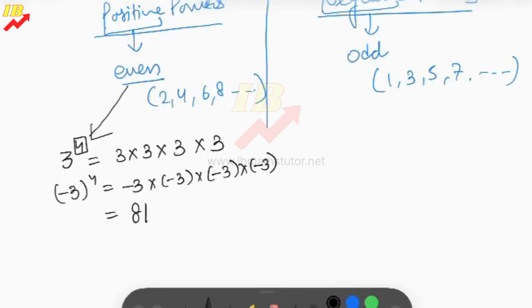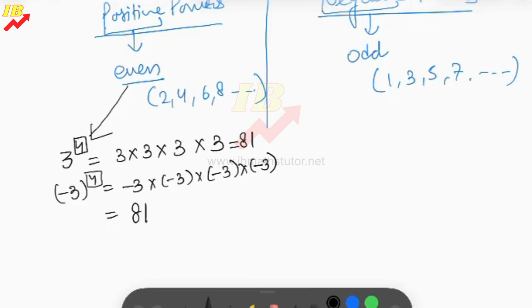It should be a positive one, because the negative number is occurring an even number of times. Negative times negative gives positive, then positive times positive gives positive. That's why both solutions are the same.